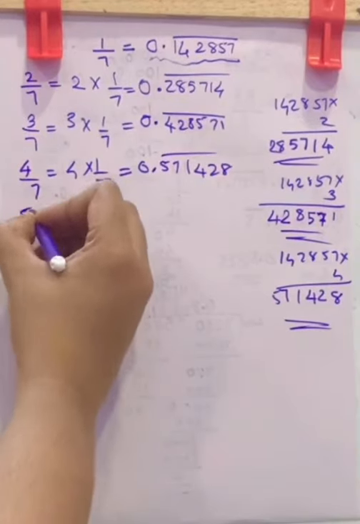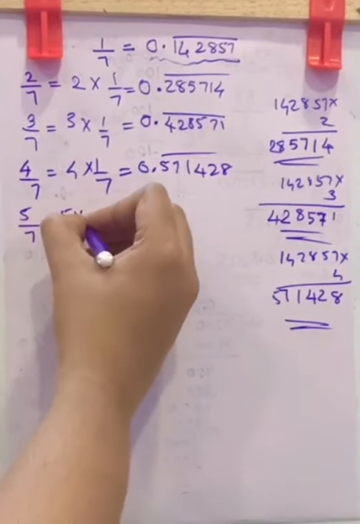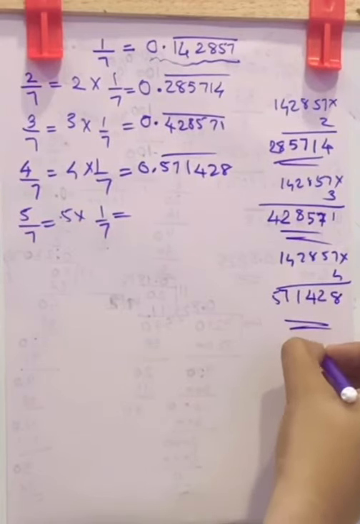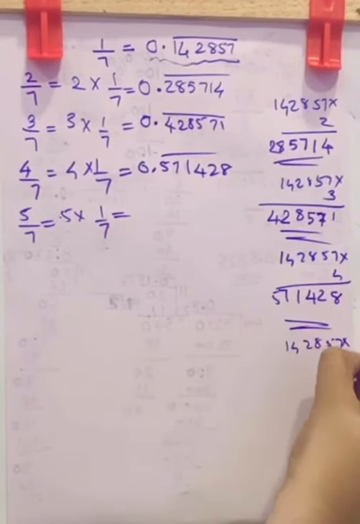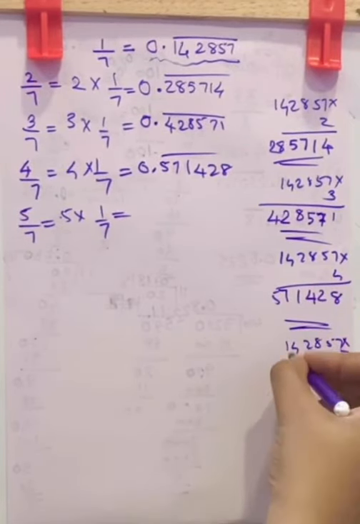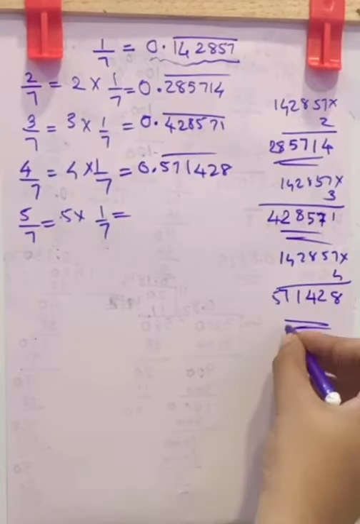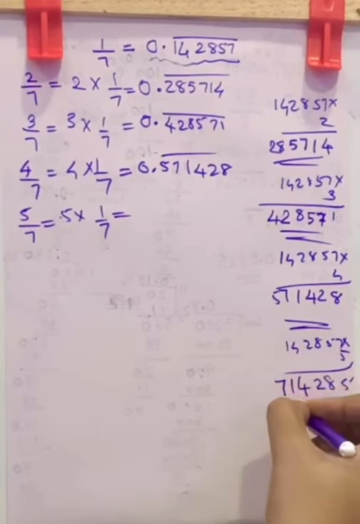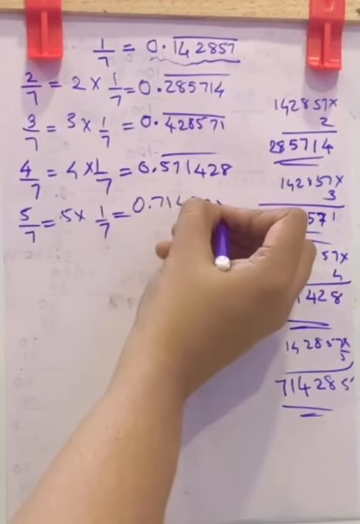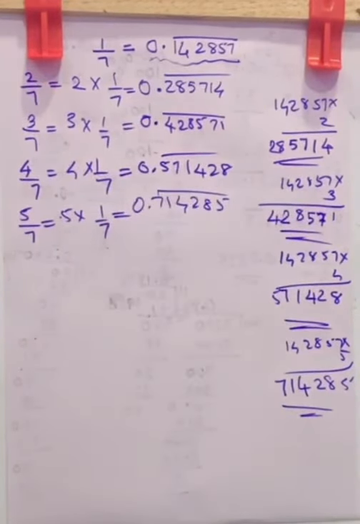This type 5 by 7 is equal to 5 into 1 by 7, which is equal to 142857 into 5. 5, 8, 2, 4, 1, 7. 0.714285 bar. This will be the answer.